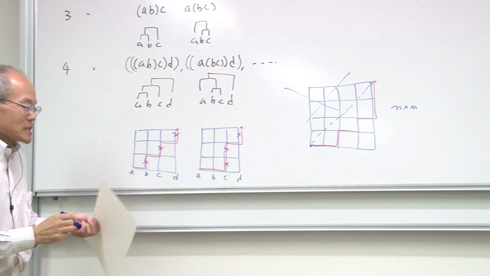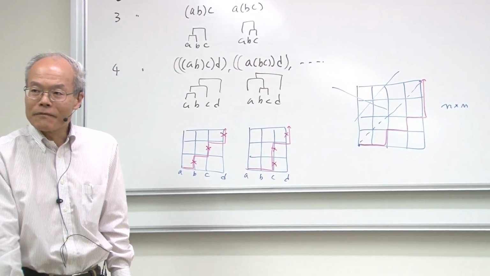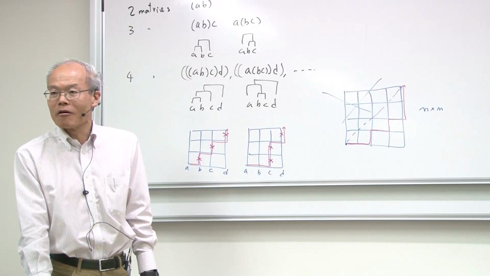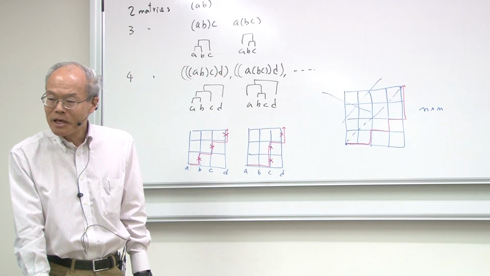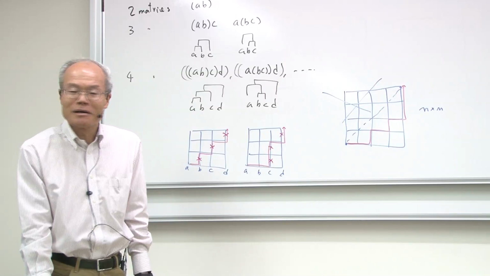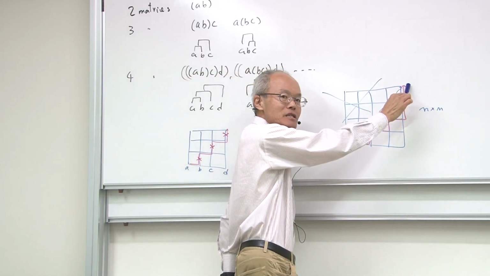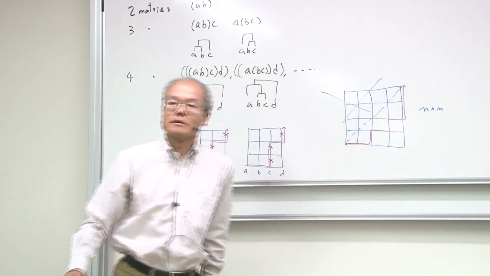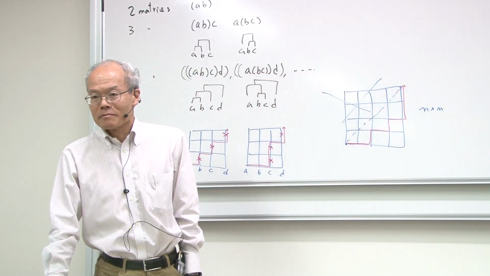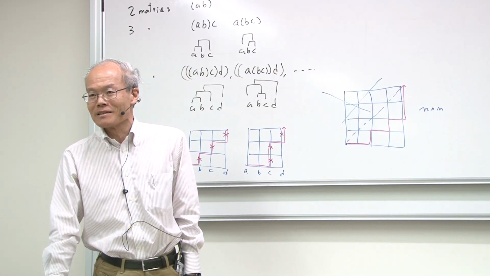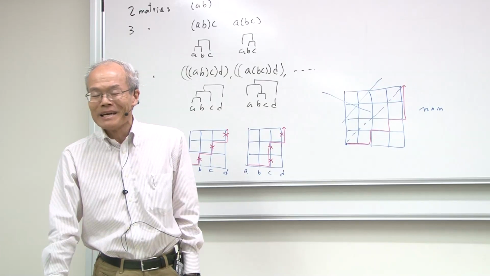So the number of different orders of multiplication is equal to the number of different routes from here to here, but without entering this part. How to calculate the number of different routes?